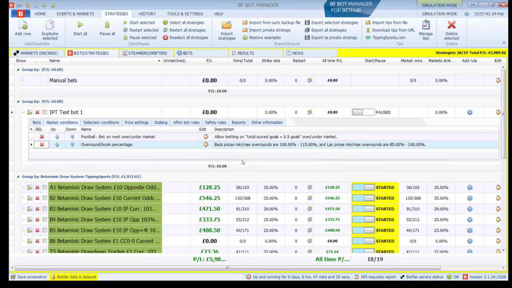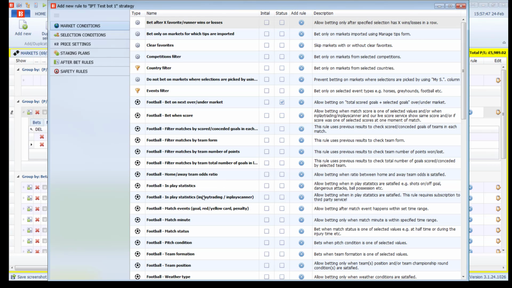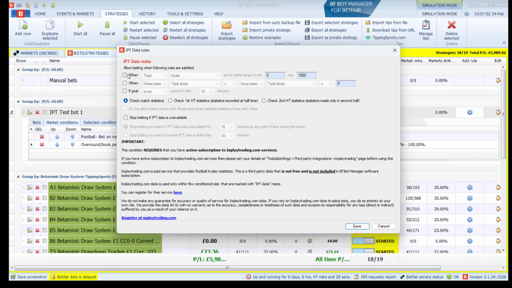So I delete that time to bet and I add football in-play statistics, in-play trading, and here when total minutes are within a range of 1 to 61. So this is how I set the time for the in-play trading data.